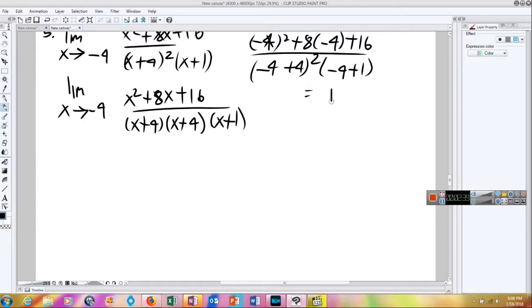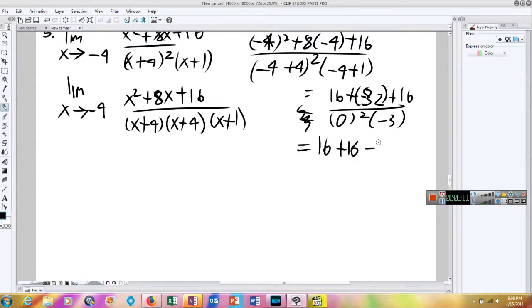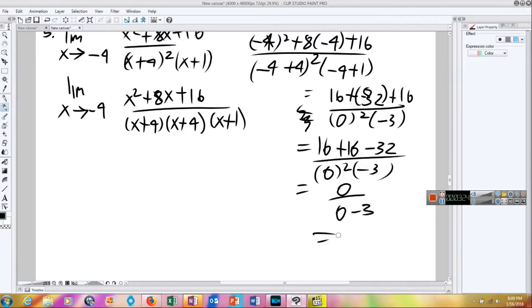That equals 16 minus 32 plus 16 over 0 squared times negative 3, which is 0 over 0.